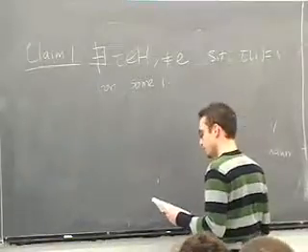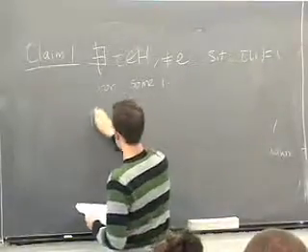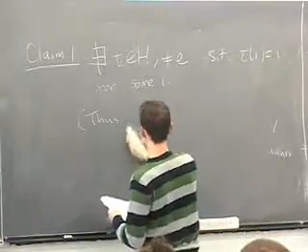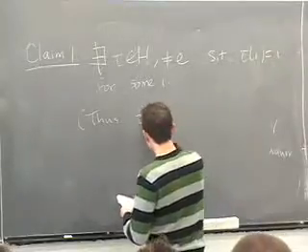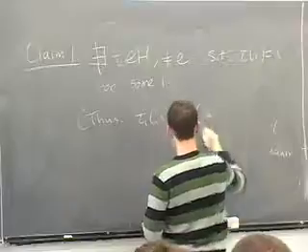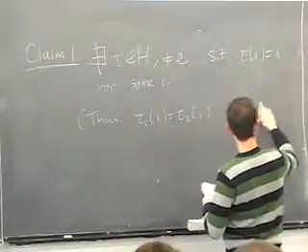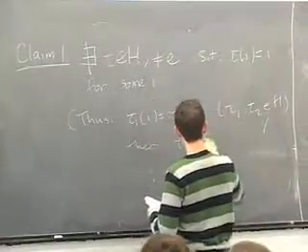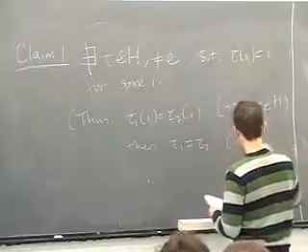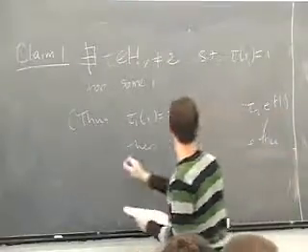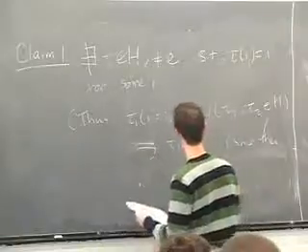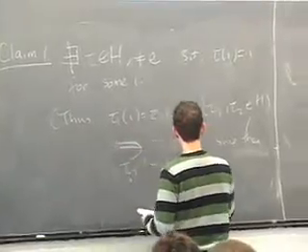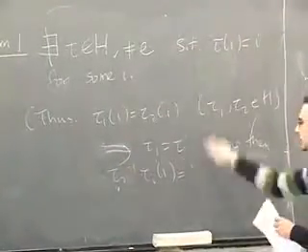The way you use this: if I know that tau_1(i) equals tau_2(i), with tau_1 and tau_2 in H, then tau_1 equals tau_2, since then tau_2 inverse tau_1 of i equals i, so this must be the identity.